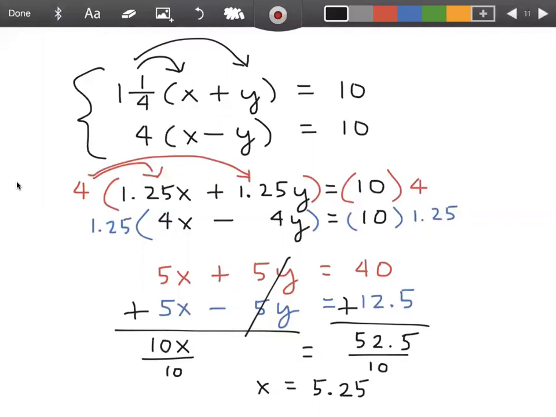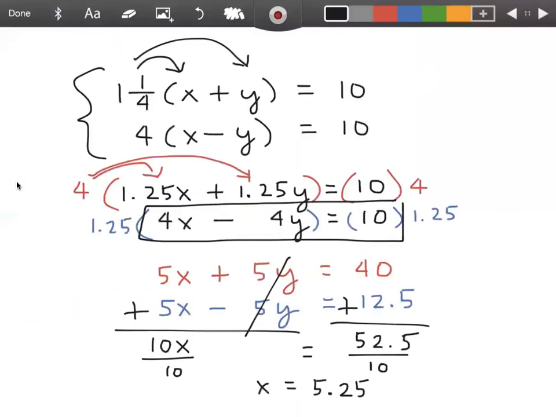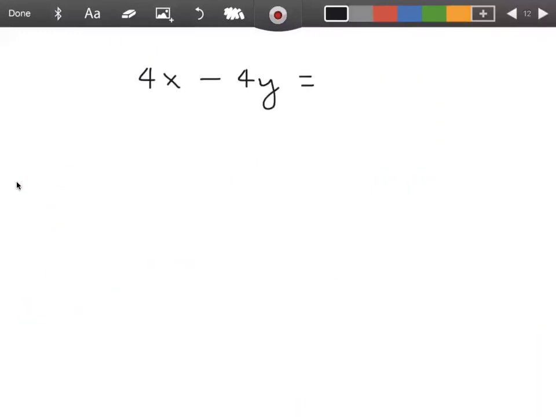All right, so now we need to find y. So let's see, let's use this equation here before I multiplied it by 1.25. So we have 4x minus 4y equals 10, right? Yeah. x is 5.25.